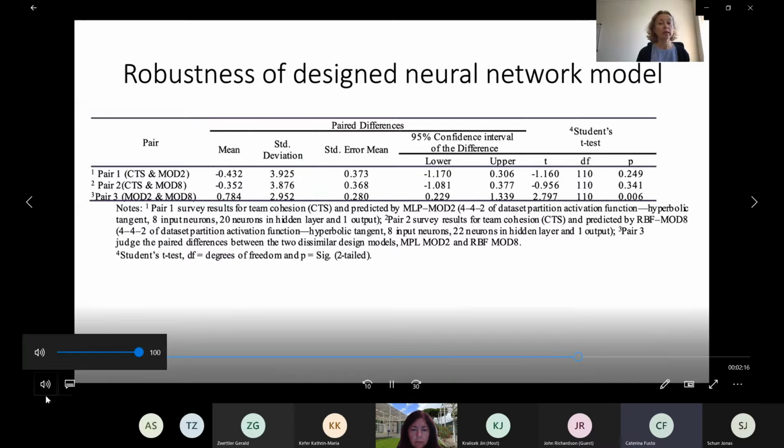The robustness of the designed neural networks you can see in the table. Two tests of statistical differences between the team cohesion measurement and the 2 different constructs of neural network models were conducted.